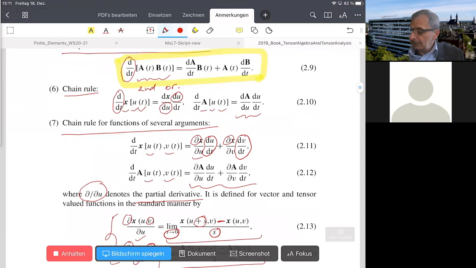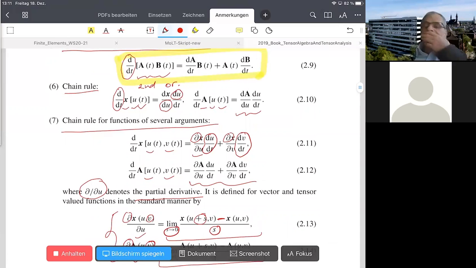Okay, I have a very simple example. I have the velocity vector of a particle. This is my particle, and this is my velocity vector, right? I can represent this vector in two components.